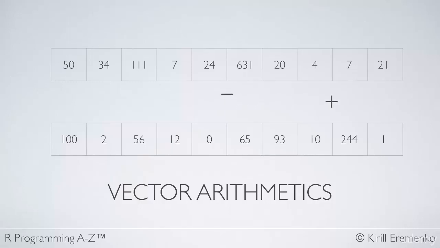Same thing for a subtraction operation, multiplication, division. Even if you want to compare the two vectors, so you want to perform Boolean operations or logical operations as we called them, you can still do that.